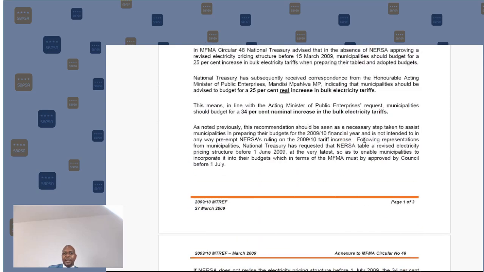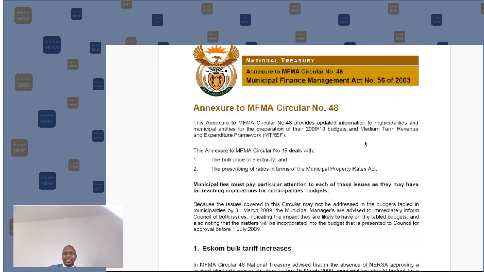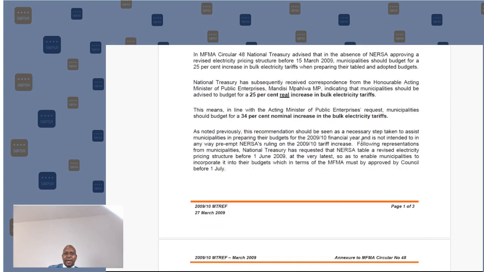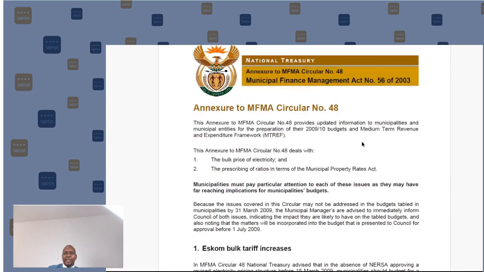In this annexure there isn't really what we need for purposes of dealing with the MFPFA, but it deals mainly with NERSA and electricity, and perhaps as we go on we'll see how that deals with the surcharges when we're dealing with the MFMA there. All right, so I think now that takes care of N.